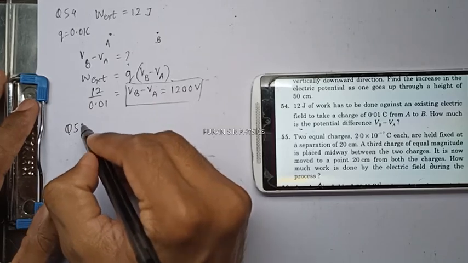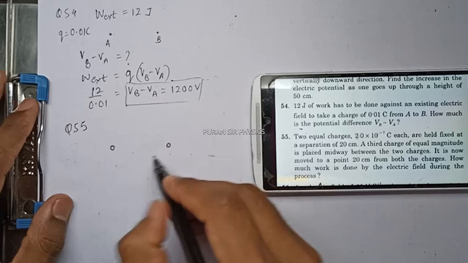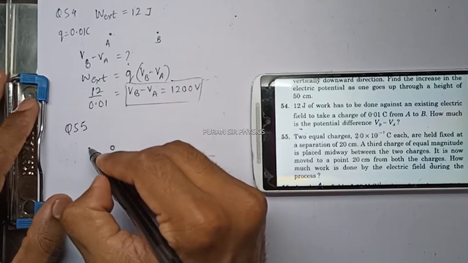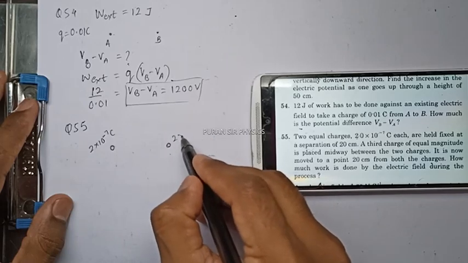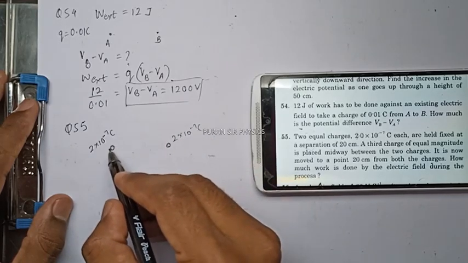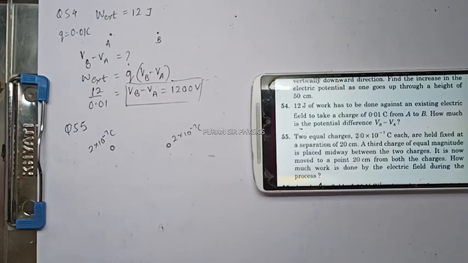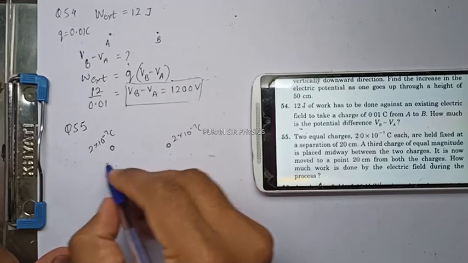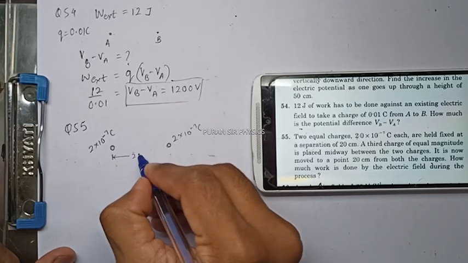Okay, in this question, there are two charges, both have the same magnitude, 2 into 10 raised to power minus 7 coulomb, and the third charge, which also has the same magnitude, is placed at the midpoint. The distance between them is 20 centimeter.